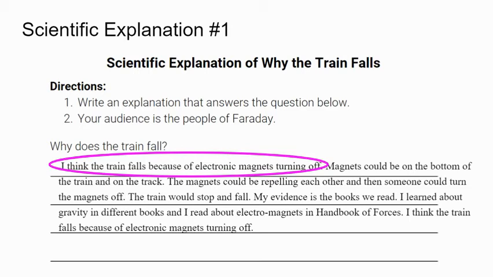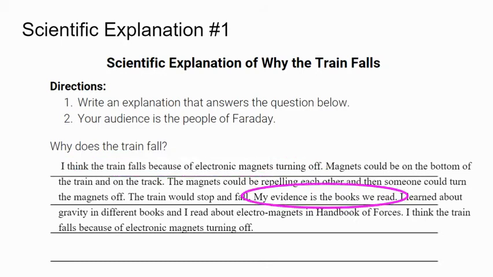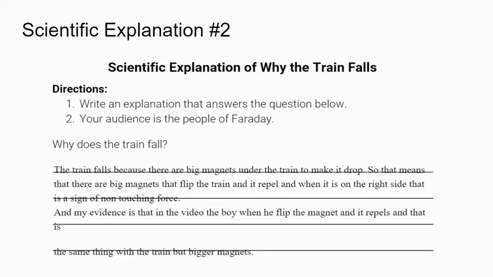I think the train falls because of electronic magnets turning off. They clearly answered the question. And the second reason I love it is the evidence that they gave. My evidence is, and then they explained the books that we read, 2 different books where they found this information. Okay, so a strong scientific explanation needs to answer the question clearly and give some evidence using that sentence, my evidence is.